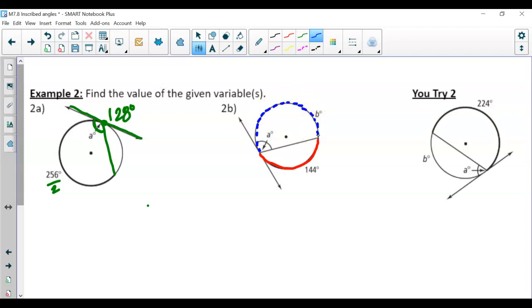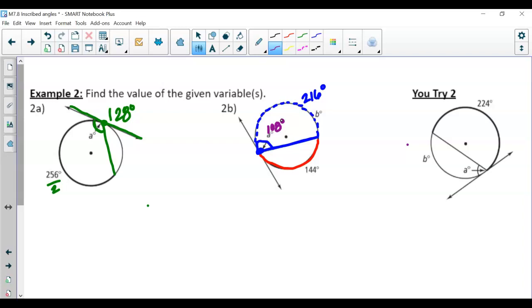So when you subtract 360 minus 144, the arc that represents B is 216 degrees. Now notice this angle here is what is creating this arc. So now we can take this 216 and divide that by 2. So here A is 108 degrees. So go ahead and pause the video and try the U-try here on your own.